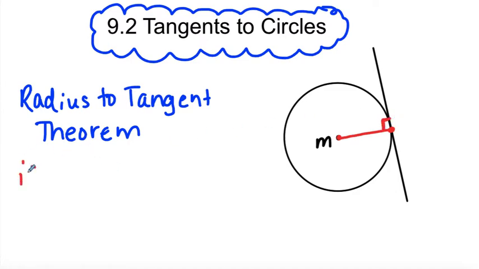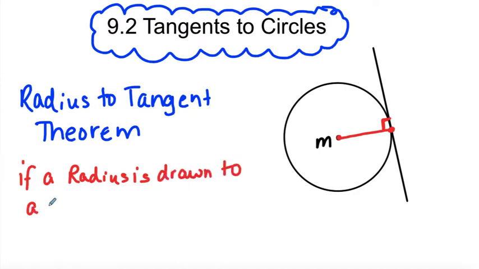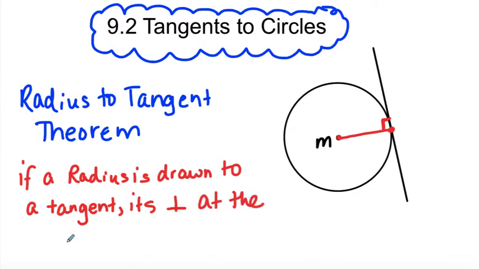So if a radius is drawn to a tangent, it's perpendicular at the point of tangency.